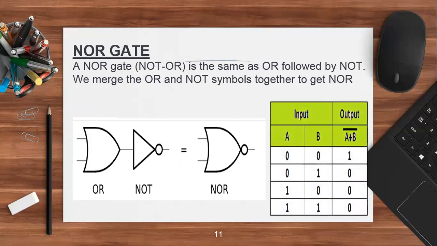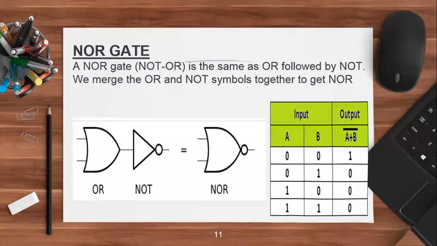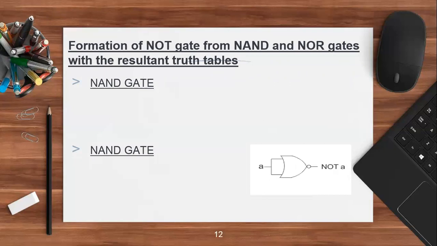The truth table of the NOR gate is: A 0, B 0, output is 1. A 0, B 1, output is 0. A 1, B 0, output is 0. And if both are 1, 1, then output is 0.